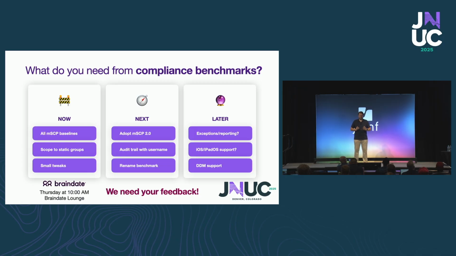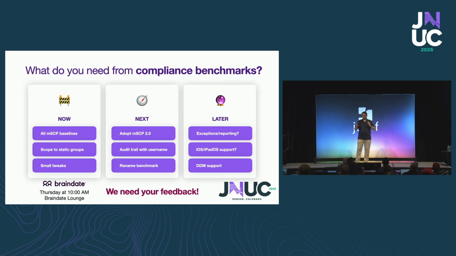In a nutshell, what we are working on right now: we do want to add all the mSCP baselines, meaning DISA STIG, meaning other NIST baselines, meaning CMMC, I believe, and others. Again, if you're using Compliance Editor, there's the full list.